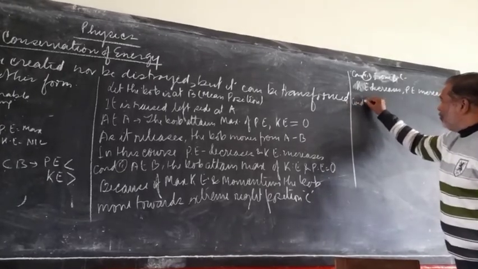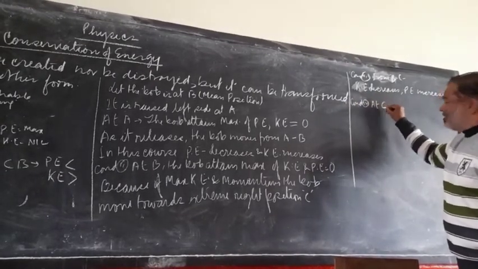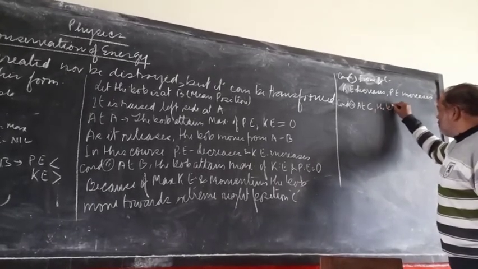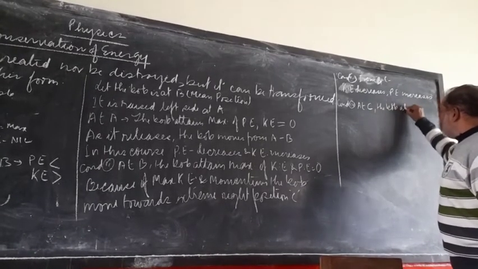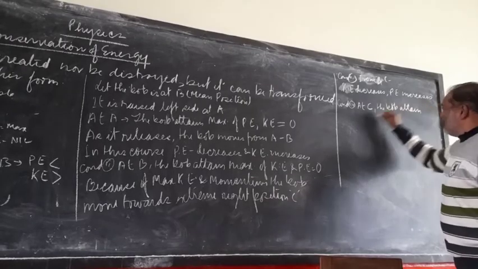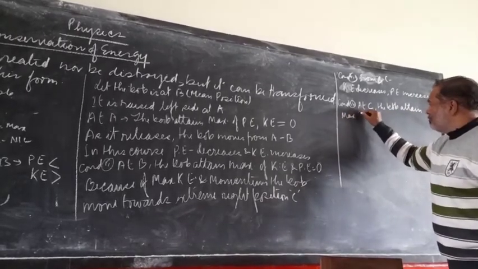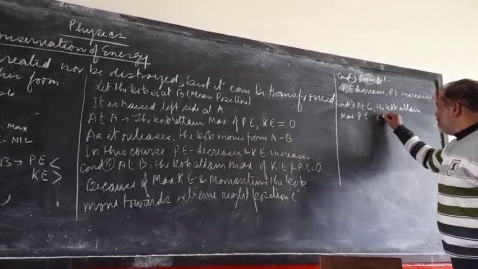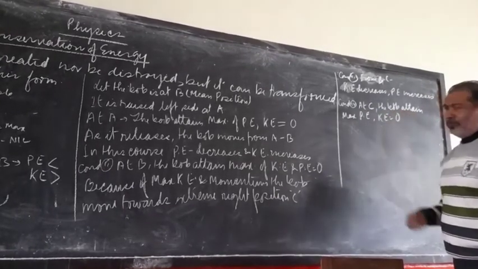Now condition 4. At C, the ball attains maximum potential energy and kinetic energy is almost zero.